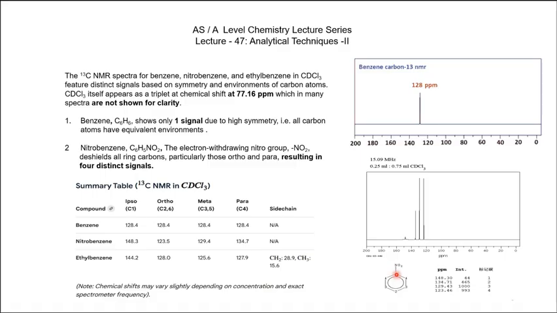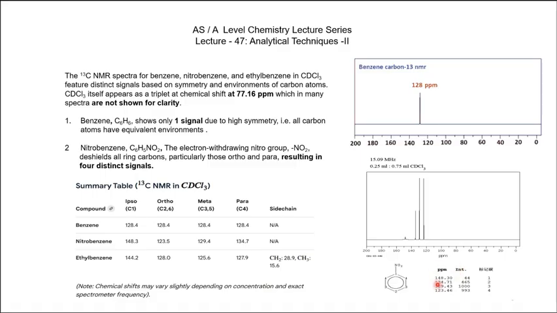You see, this one has got a different environment, but this and this have the same environment. This and this have the same environment. Again, this one has got a different environment. So how many peaks should we get? 1, 2, 3, and 4. We should get 4 peaks.